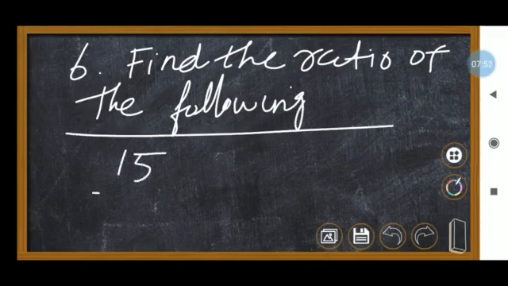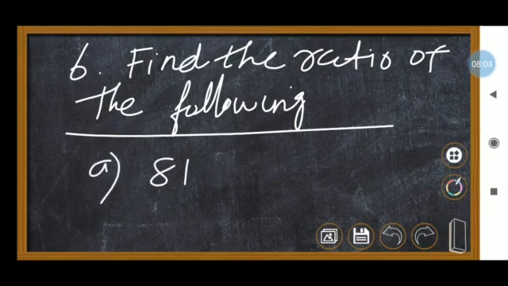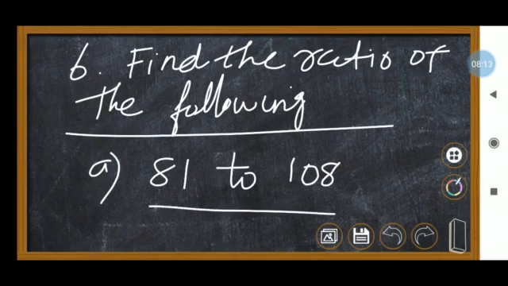Sorry, that is the previous problem. What is it then? 81 to 108. So A value is 81 to 108. Okay students, first we have to find the ratio of this one, 81 to 108.